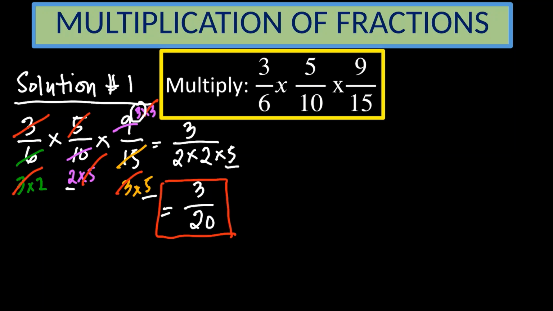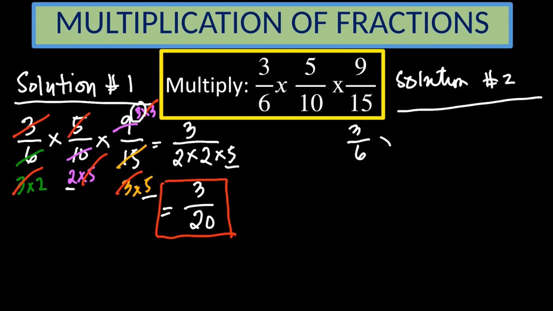I hope you can follow. Let's have here solution number 2. So let's have 3 over 6 times 5 over 10 times 9 over 15.